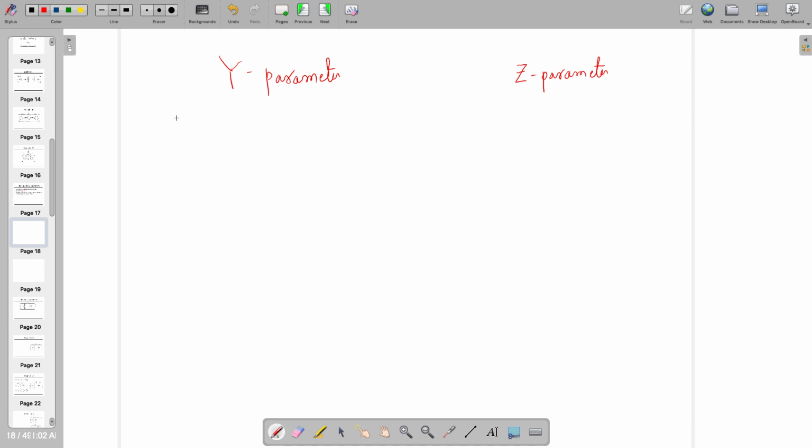Divyanshu? Yes. Which parameter is the open circuit parameter and which one is the short circuit parameter? Yes, Gaurav. Okay, so Gaurav is saying open, and this one will surely be short, right? If this is open. But how did you get this answer?